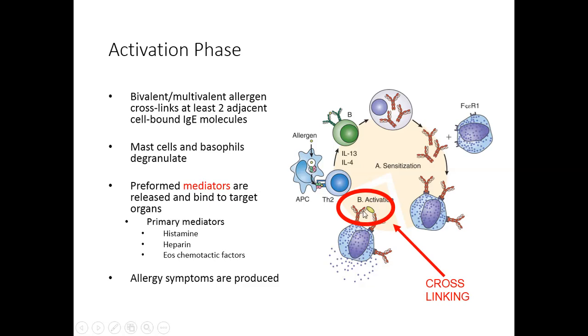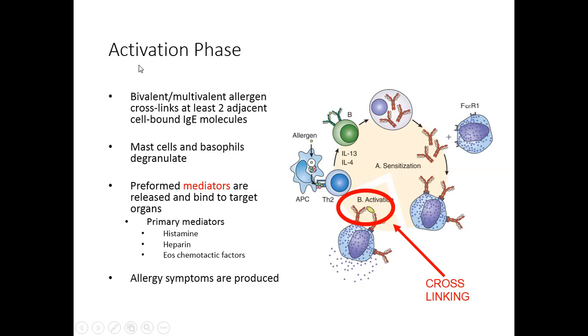So at this point I've got IgE bound to a whole bunch of those receptors. Remember, we have 200,000 of those receptors on there. So we're pretty likely that the antigen is going to be able to bind to the IgE the way we need it to for this.